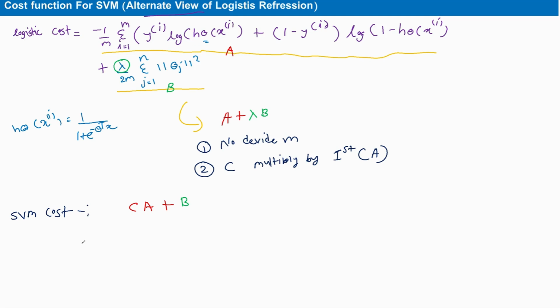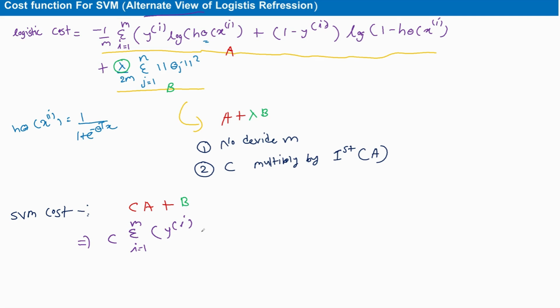First thing is C, then it is multiplied by the term A. Without considering the m, it will look like this: C into summation of i is equal to 1 to m, because we are not dividing by 1 upon m. Then y i, and instead of using the logarithmic thing, they are using it like this.